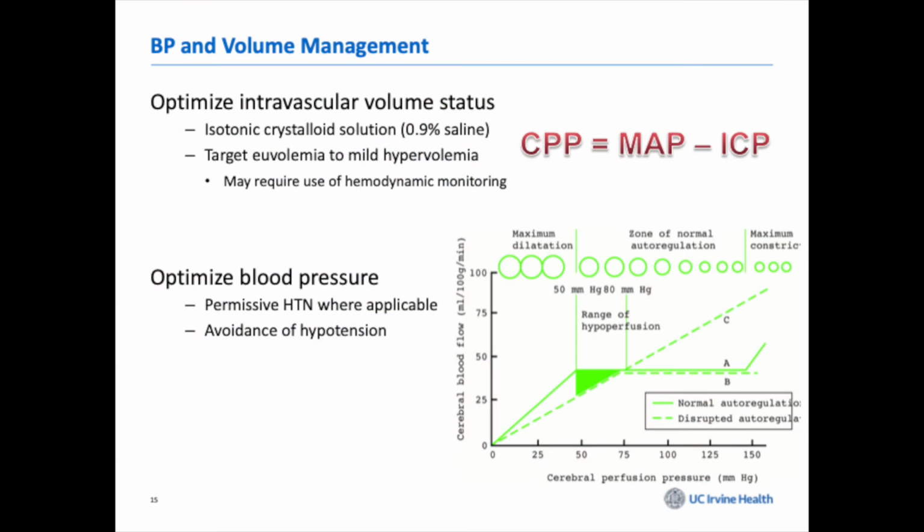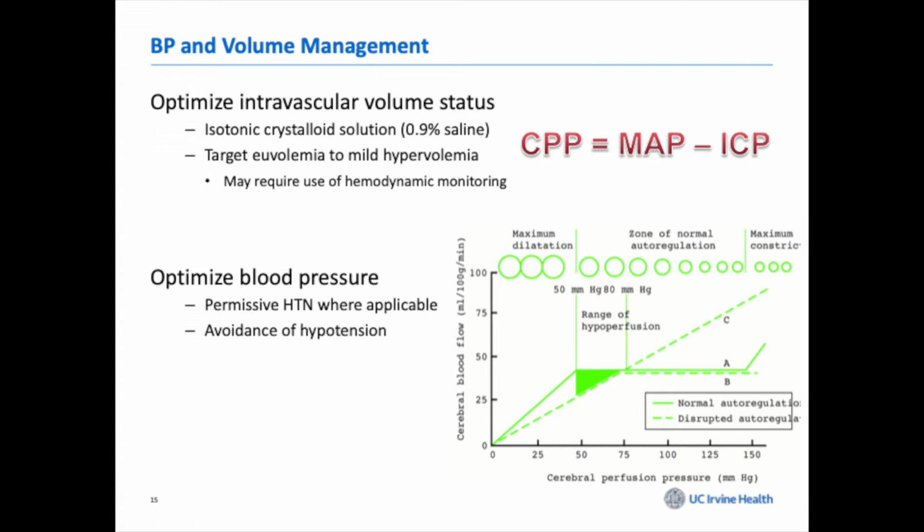So one is making sure we have adequate intravascular volume. Here we want to avoid anything that's hypotonic, because if it's hypotonic, it will get dragged into a diseased brain and cause worsening pressure. So you want to use at least isotonic solutions like normal saline, or you may even want to use hypertonic solutions, but at least isotonic, and avoid anything hypotonic.